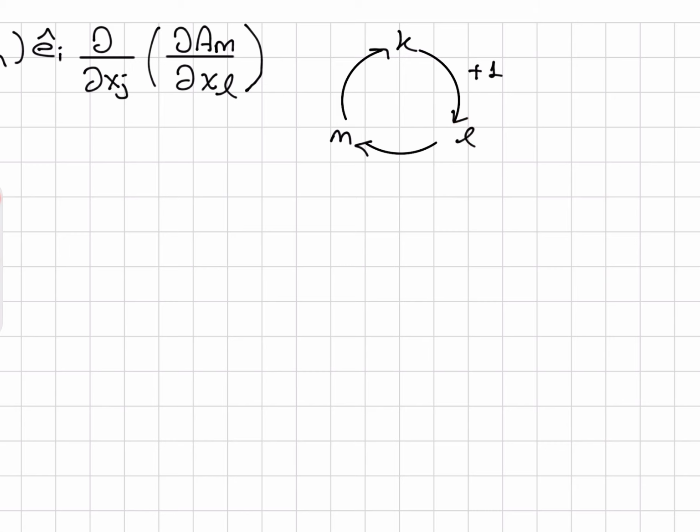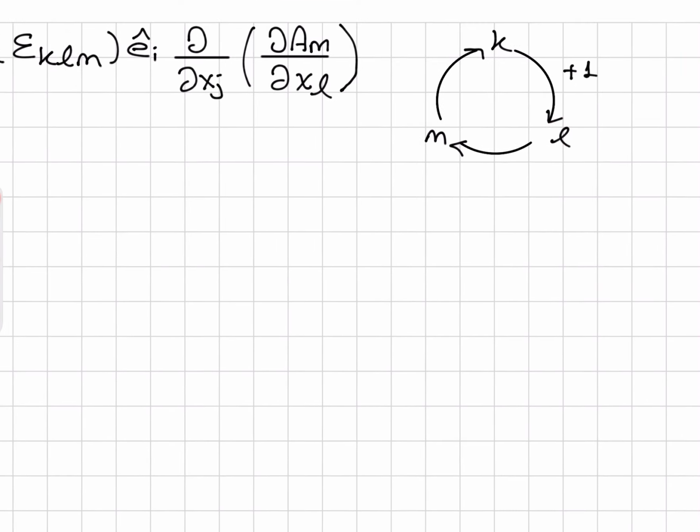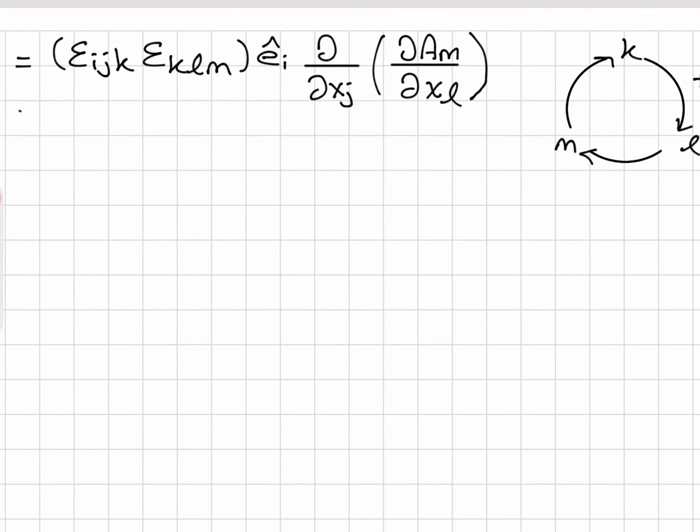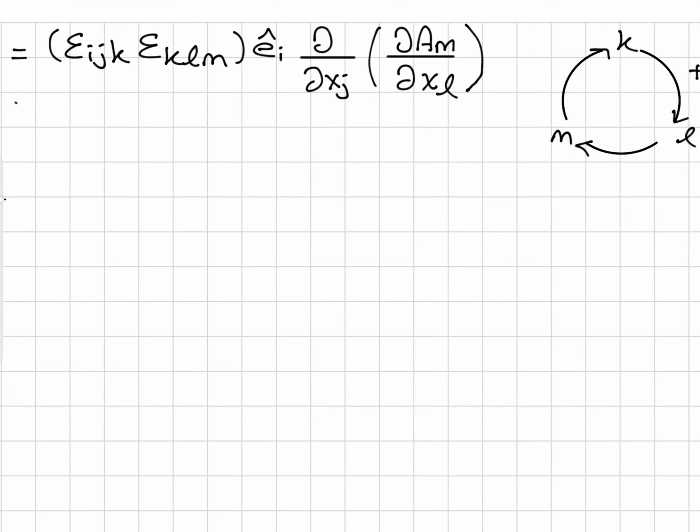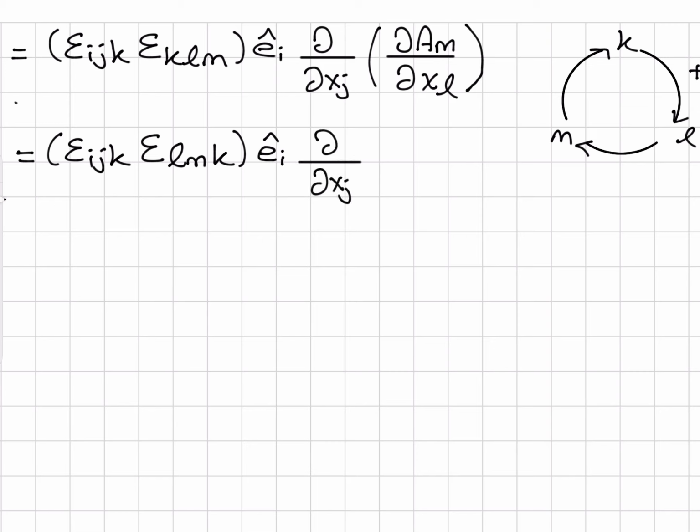So klm is plus 1, also lmk is plus 1. So we can go from ijk, klm to ijk, lmk. So we can rewrite this as epsilon ijk, epsilon lmk, reordering the indices, ei hat del xj del am del xl.